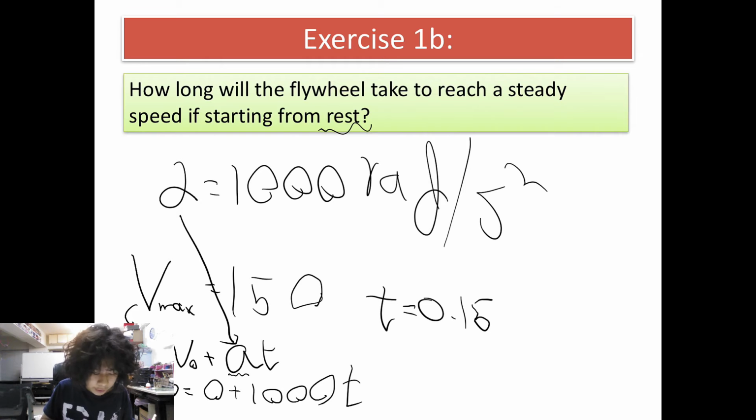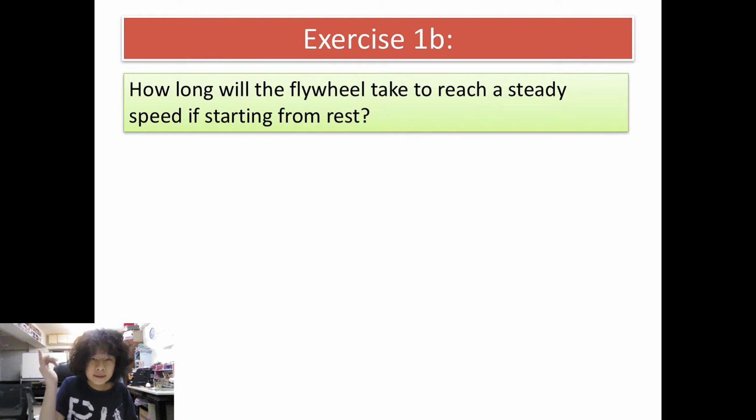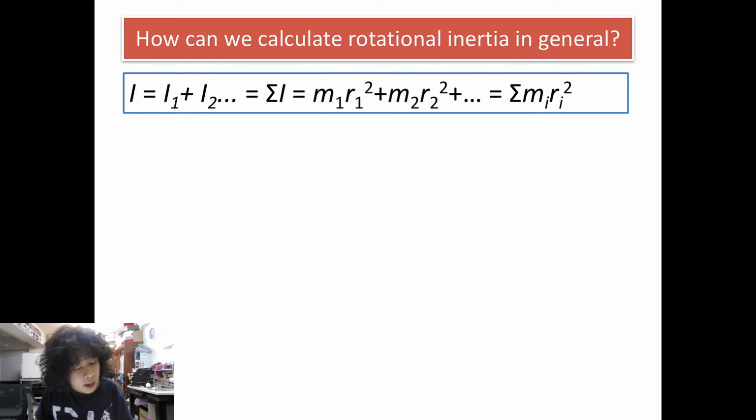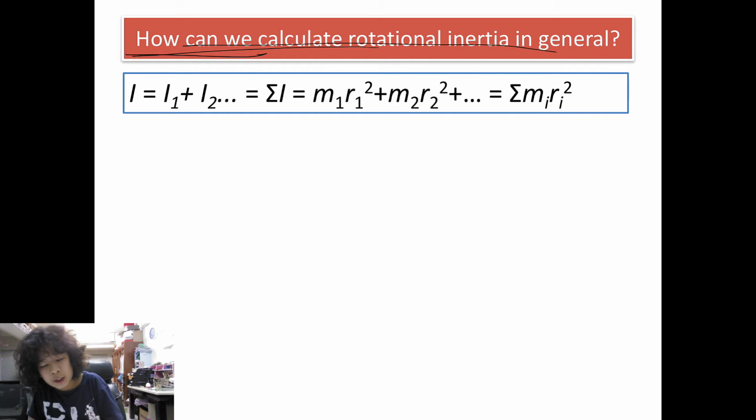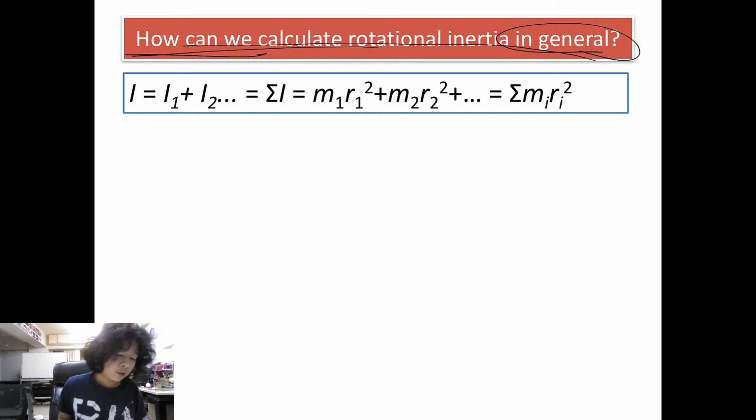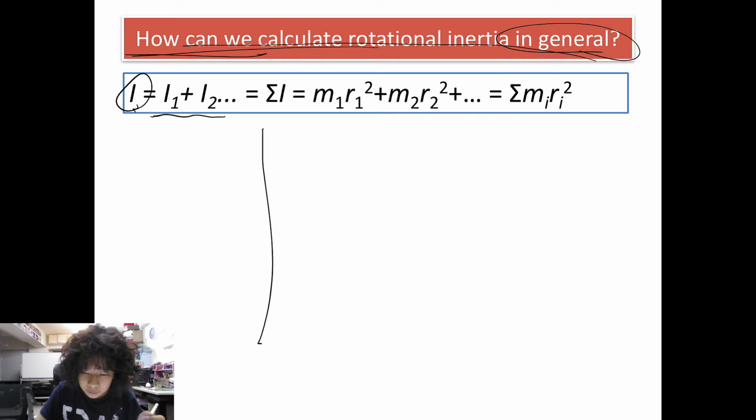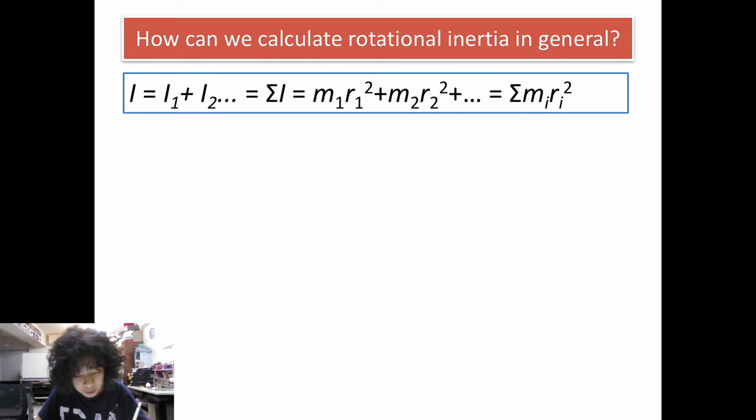Let's check the answer. 0.15 seconds. And how can we calculate the rotational inertia in general? Rotational inertia equals the total rotational inertia. That means, here is the axis.